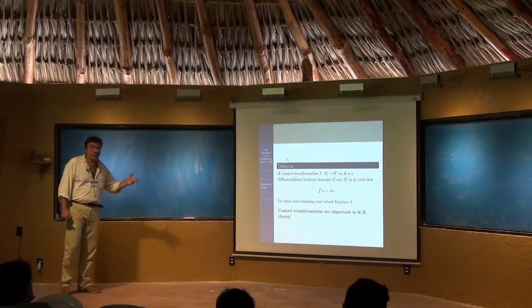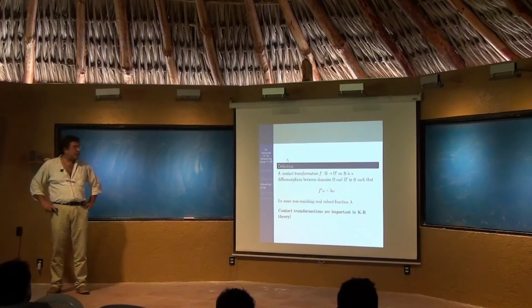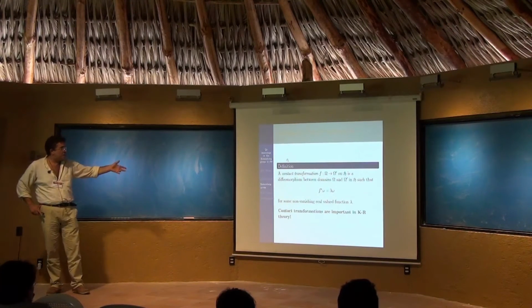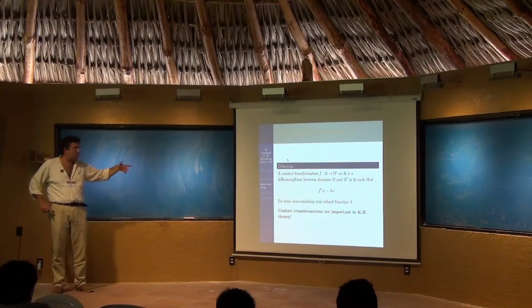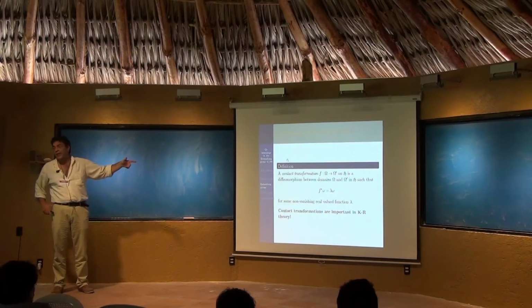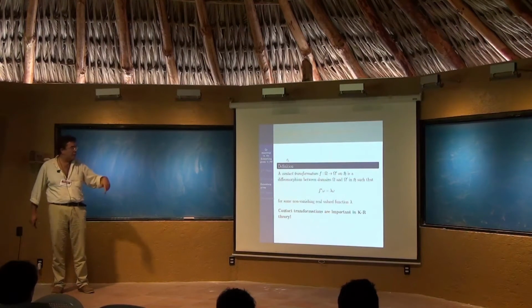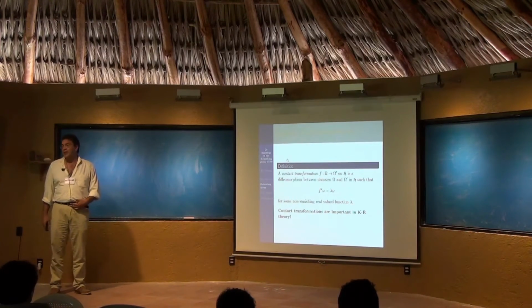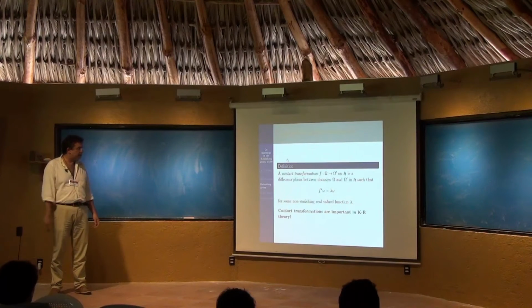Okay, since we have a contact form, we can define contact transformations, and the definition is this. You have two domains in the Heisenberg group, then a diffeomorphism f is contact if it satisfies this relation: f star of omega equals lambda omega for some non-vanishing real-valued function lambda.